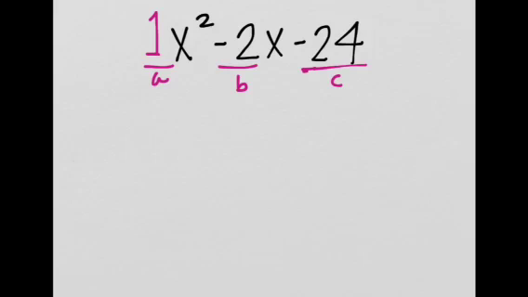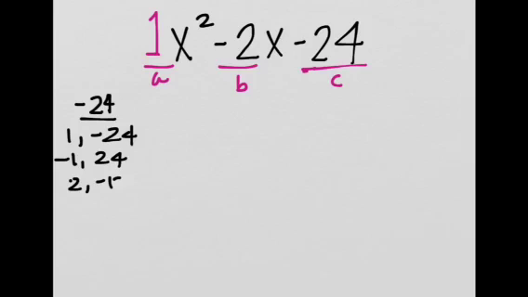Now we want to find our factors of negative 24. Now because 24 is negative, one factor has to be positive, one factor has to be negative. We have 1 times negative 24. We have negative 1 times 24. We have 2 times negative 12.